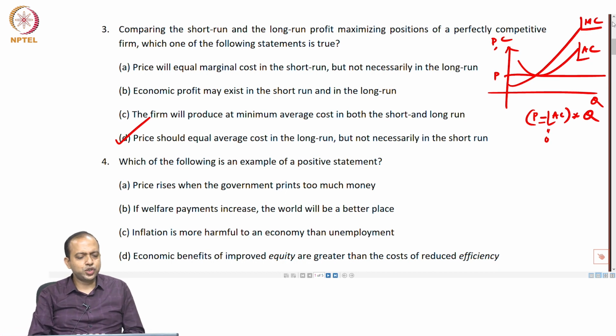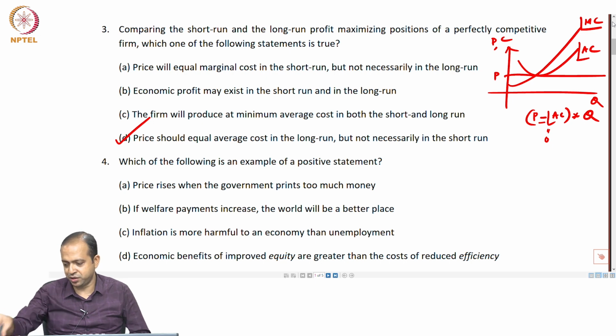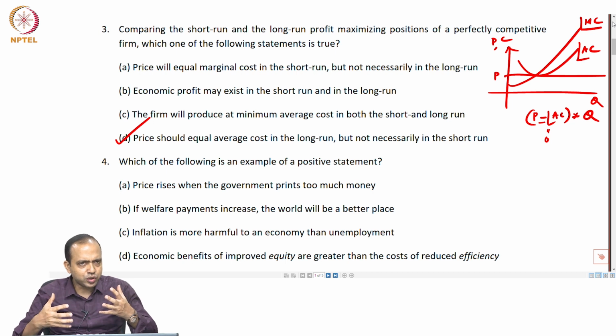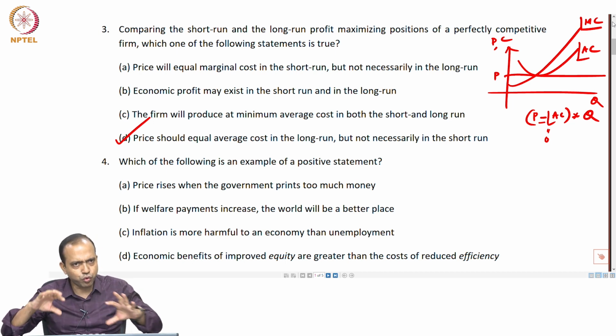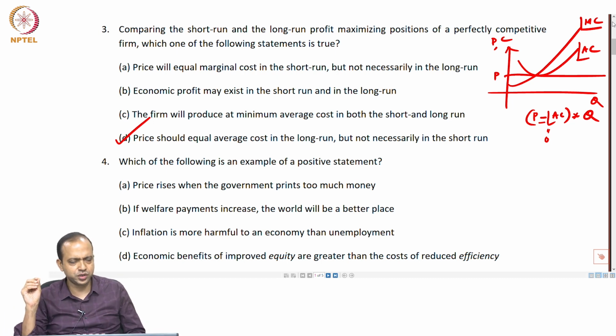Then the next question, question number 4, is about positive and normative statements. If you recall, when we started our discussion, we said that economics is basically divided into two: positive economics and normative economics.